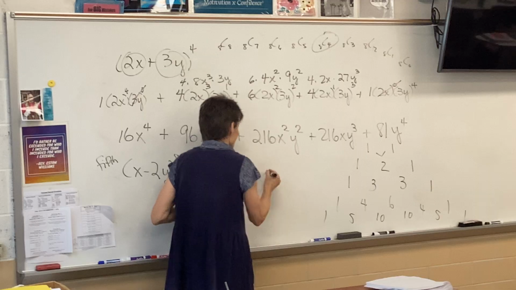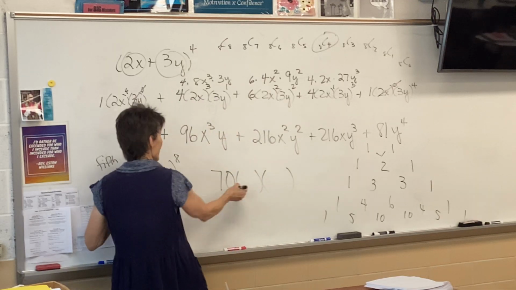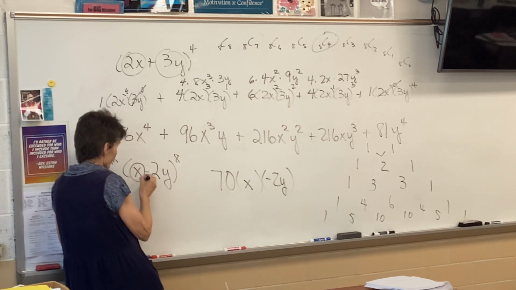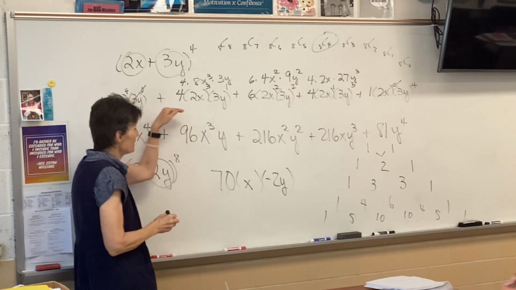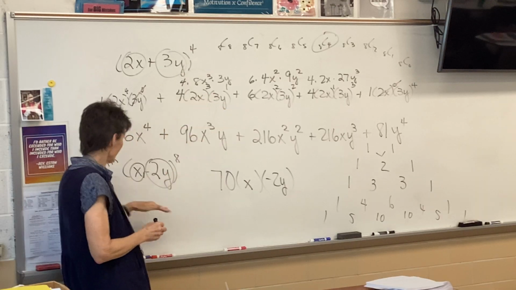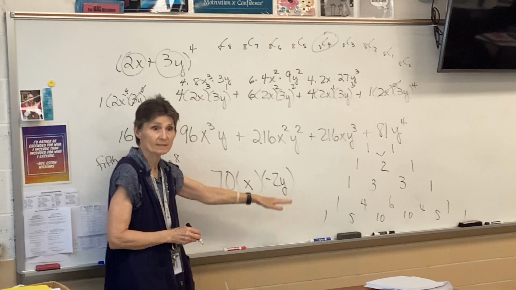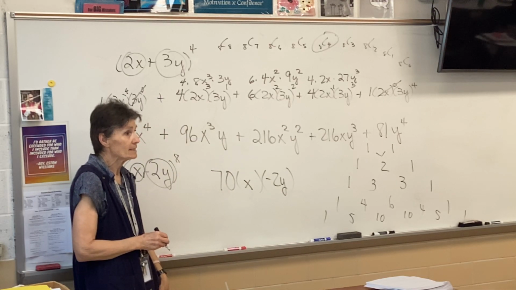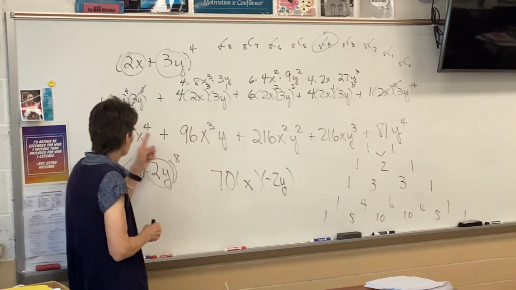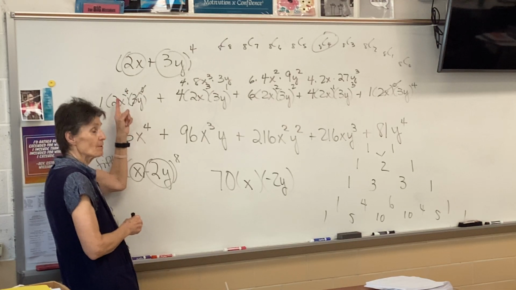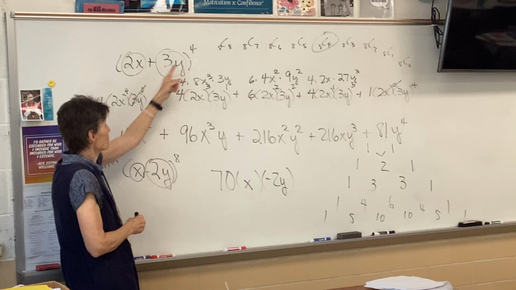Next to that will be an X and a negative 2Y. Up here I had 2X and 3Y. Here I have X and negative 2Y. Is everybody okay with that? What's the last thing I need? Exponents. On the first term, the exponent is that number.